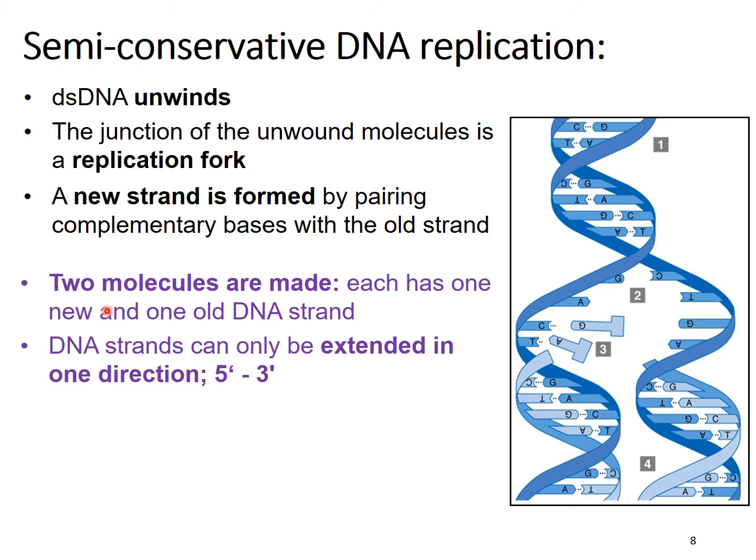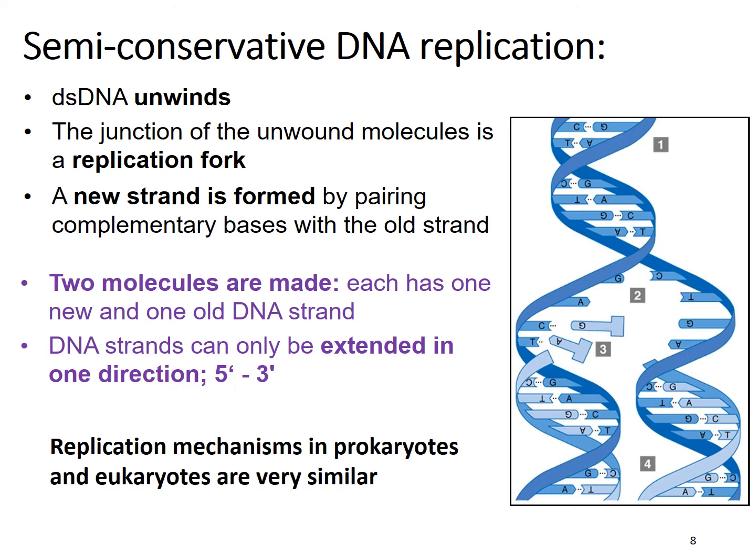One point to remember is that DNA strands can only be extended in one direction, which is from 5' towards 3'. The mechanism of replication is actually very similar in both prokaryotes and eukaryotes.